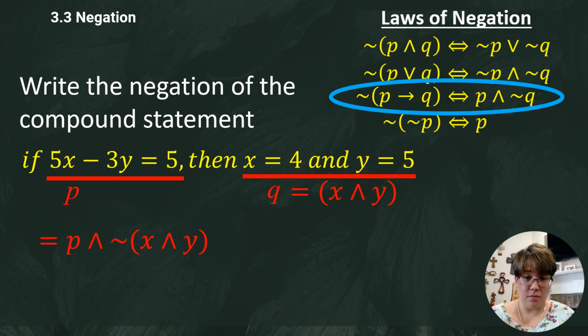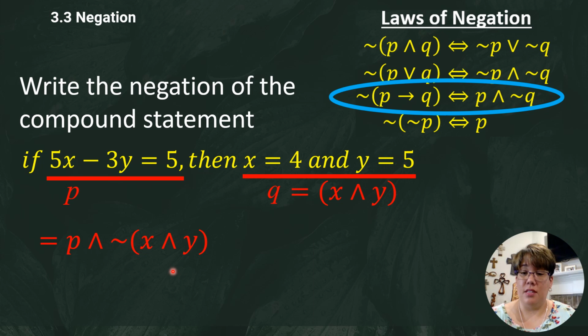Now I brought this down, and the negation is going to say P and not Q. My Q in this case is this x and y. So I'm going to say P and not x and y.